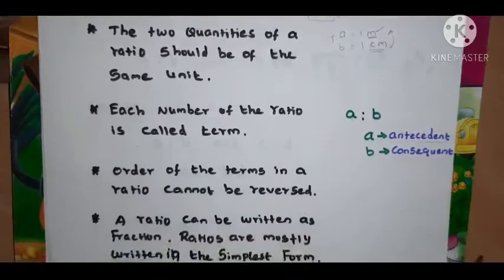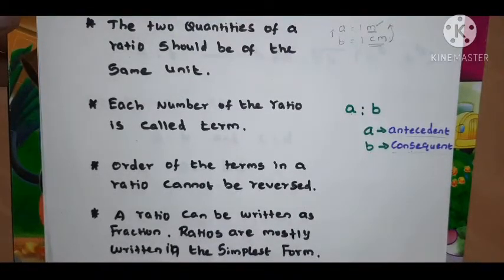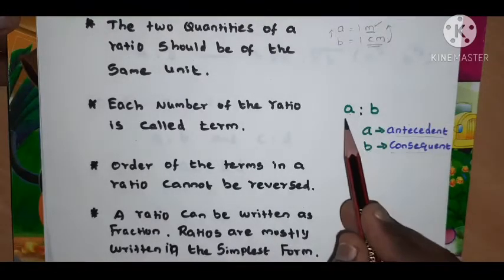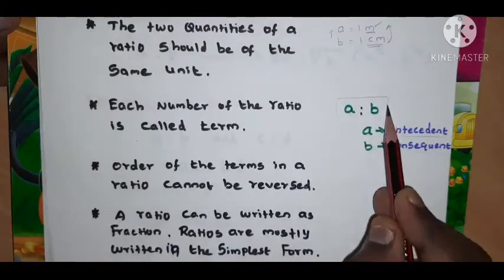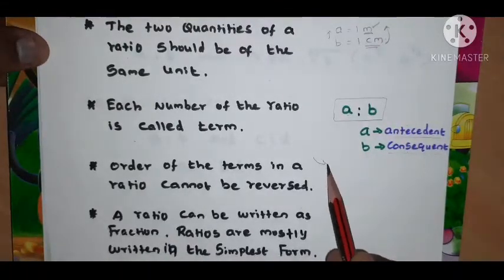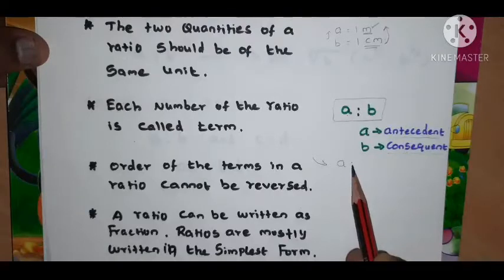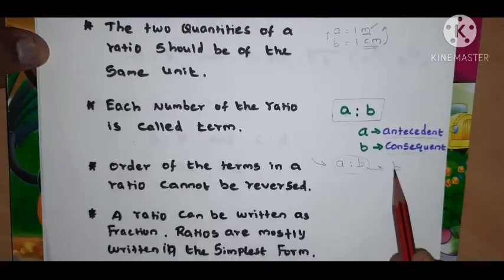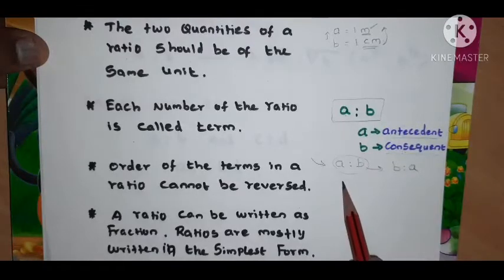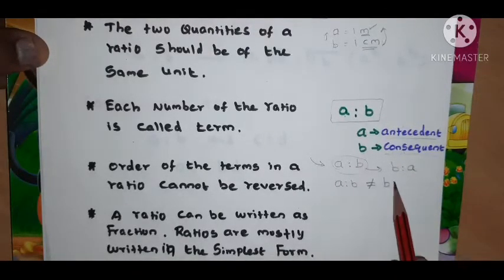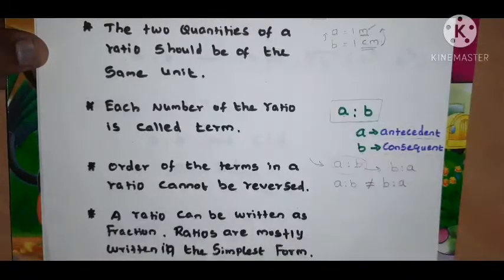The next property is that the order of terms in the ratio cannot be reversed. That is very important. Look here, as we are expressing the ratio as A is to B, the expression should also be A is to B. We should not reverse this as B is to A, because A is to B is not equal to B is to A, right?